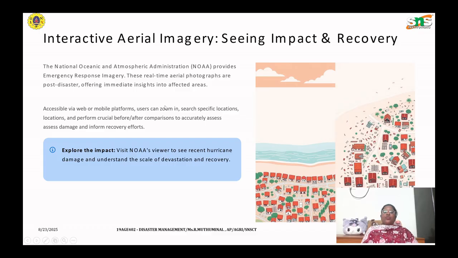The National Oceanic and Atmospheric Administration, which we call NOAA, provides emergency response imagery, and these real-time aerial photographs are post-disaster, offering immediate insights into the affected areas. So this can be explored to get interactive detail which will help us to mitigate the effects that will happen in a real manner.